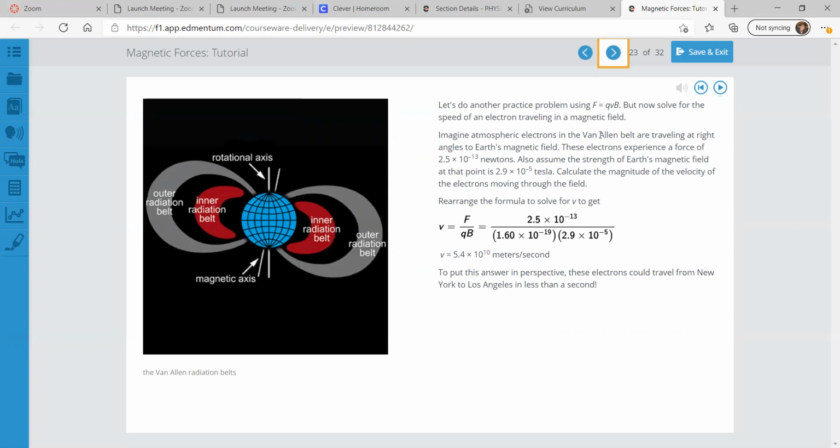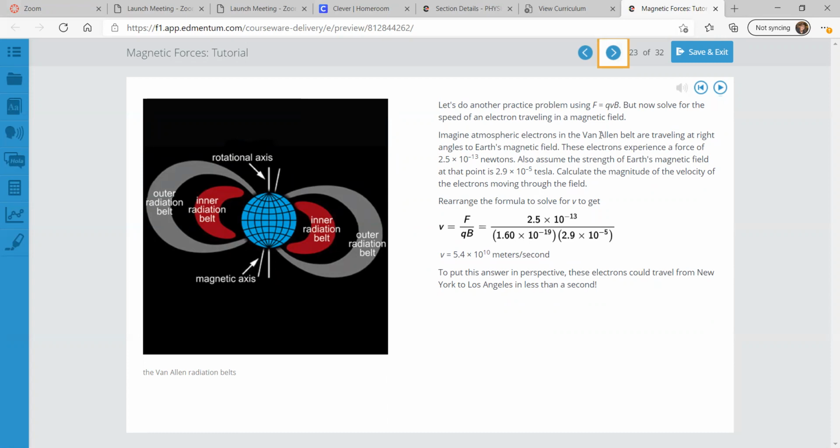These electrons experience a force of 2.5 times 10 to the negative 13th newtons. Also assume the strength of Earth's magnetic field at that point is 2.9 times 10 to the negative 5th power Tesla. Calculate the magnitude of the velocity of the electrons moving through the field.